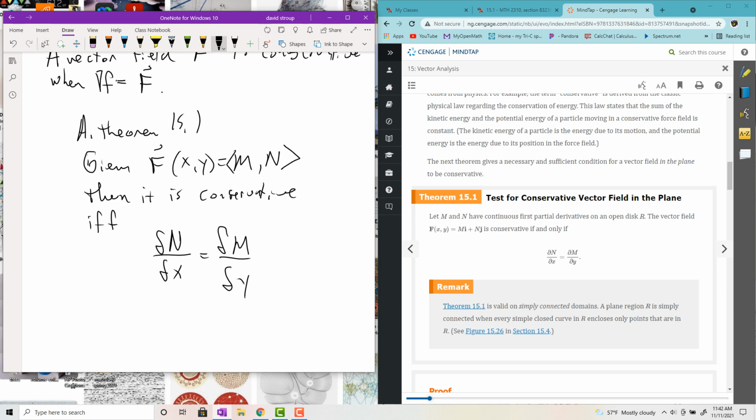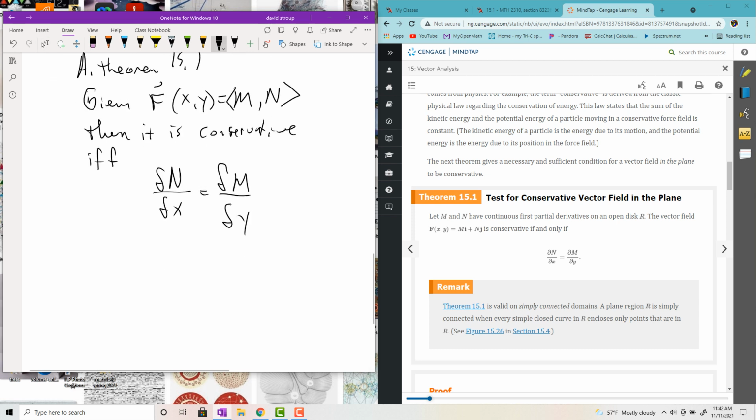So again, note, big F is conservative if it was the gradient of some little function f. In other words, the gradient, if you remember, is just the partial derivative of f with respect to x, comma the partial derivative of f with respect to y.